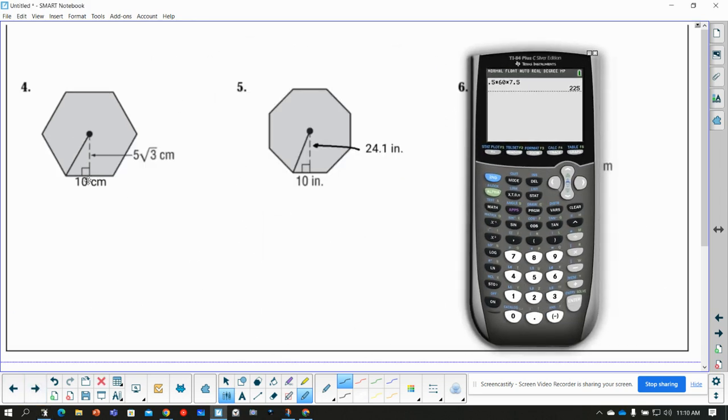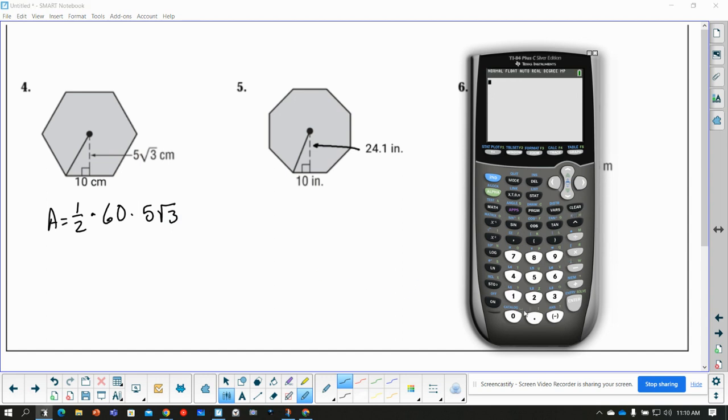4, 5, and 6. Okay, apothem, 5 times the square root of 3. So we get area equals, let's see, this is 6 sides, 10 centimeters each side, so the perimeter would be 60, since there's 6 sides. Fortunately, your calculator will handle this no problem.